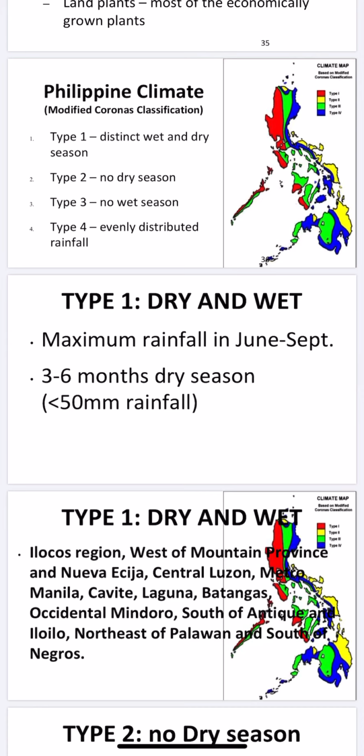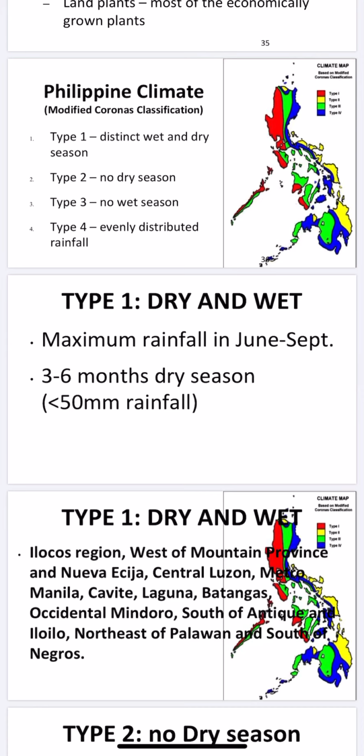For type 1, which is in the color red, there are distinct wet and dry seasons, no? From Luzon areas to Visayas areas, they have wet and dry seasons. But for type 2, which is the yellow one, on the right side of the country, there is no dry season, all raining.